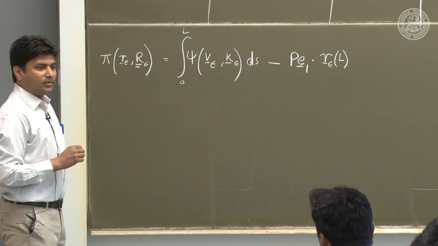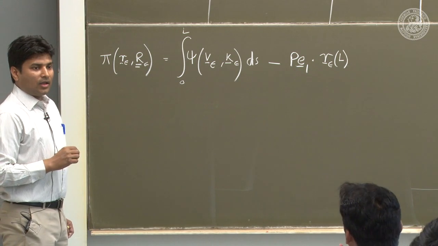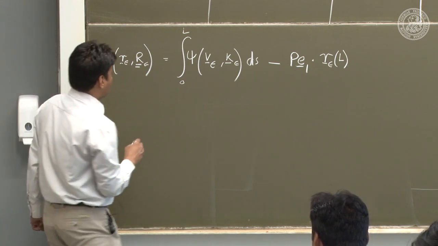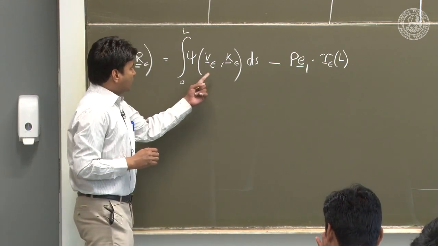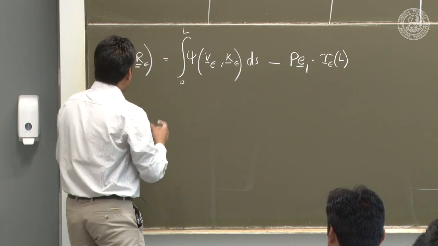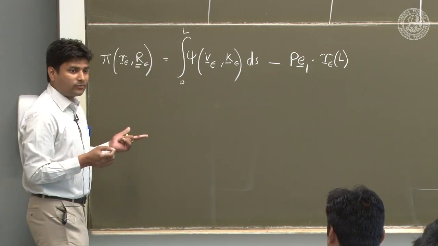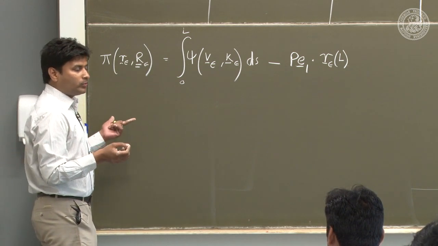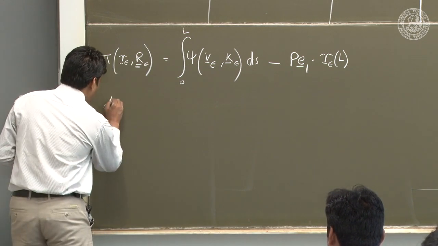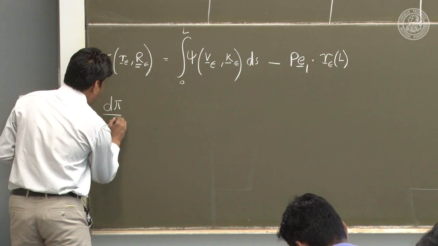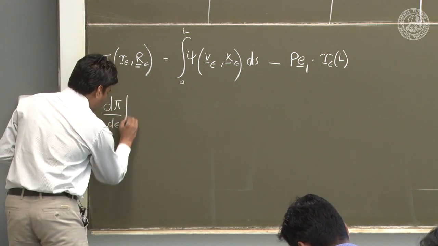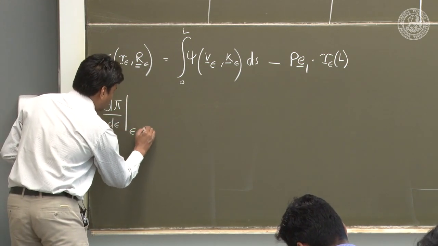All right. Okay. So what we want to do is take the first variation, which should be the same as doing d pi over d epsilon at epsilon equal to 0.